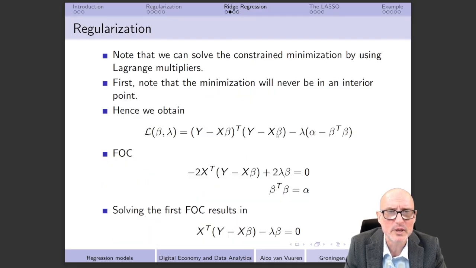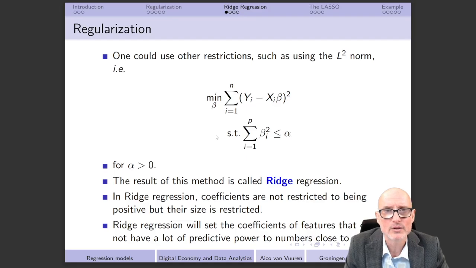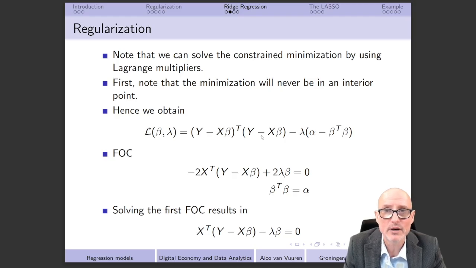So therefore we should realize that we can also see this as a constraint minimization problem with an equality rather than an inequality. So for that we have the method of Lagrange multipliers.